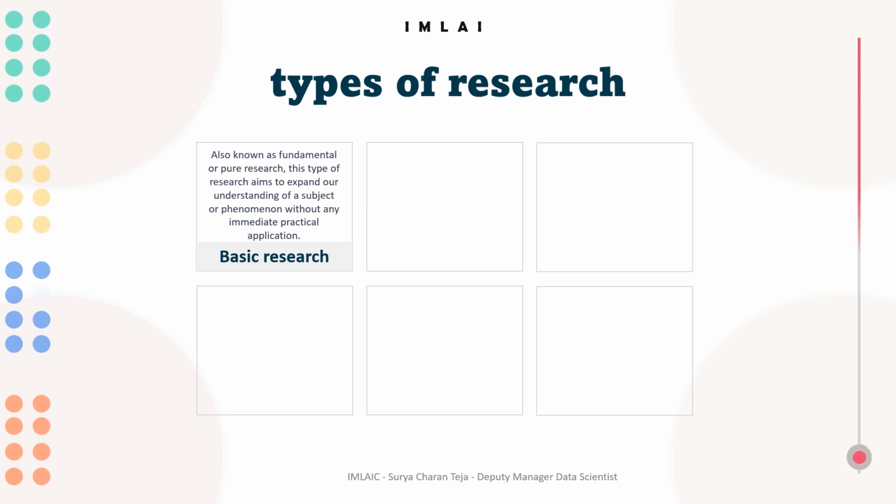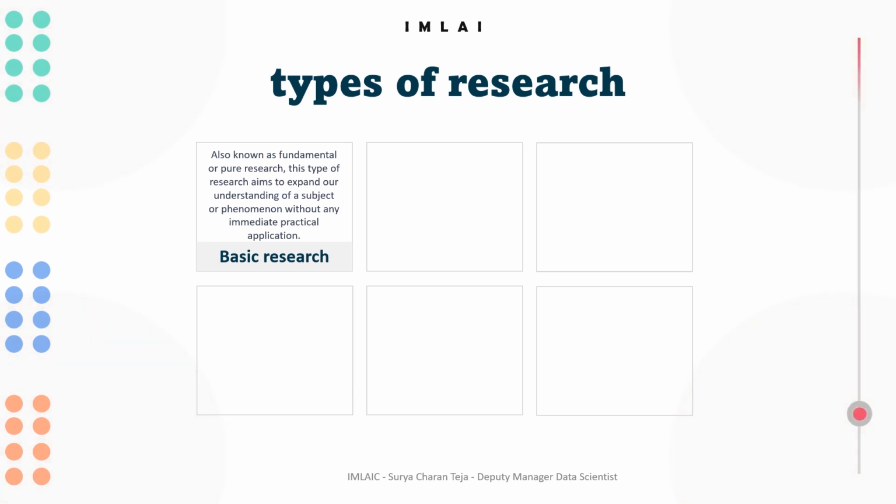Examples of basic research include studies on the fundamental principles of physics, chemistry, or biology, or investigations into the cognitive processes of learning or memory. Let's take one example: a study on the genetic basis of a rare disease that affects a small population, aiming to understand the underlying mechanisms and potential treatments.